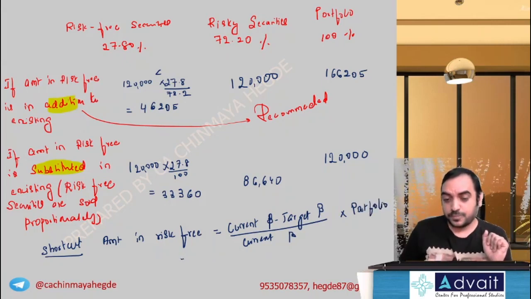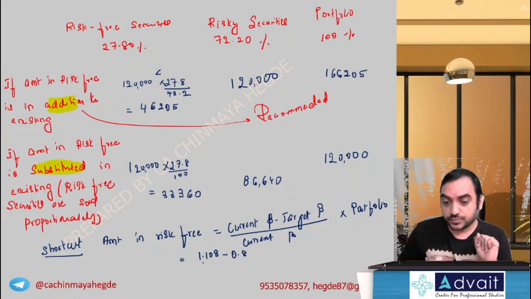Current beta is 1.108. Target beta is 0.8. Divide by current beta, 1.108, into the portfolio amount, which is 1,20,000.